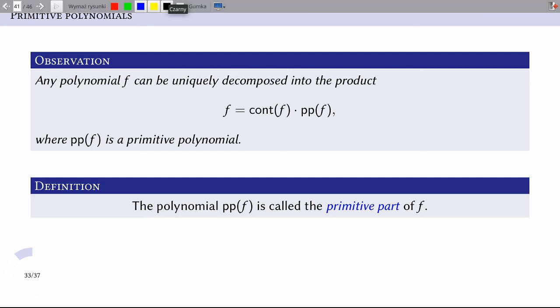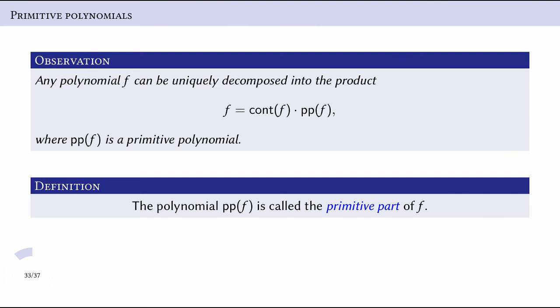Let me show you a very simple example. Let's say that f is 6 plus 9x plus 15x squared minus, whatever, 12x cubed.